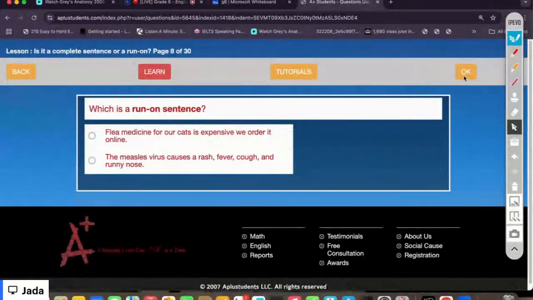So, which is a run-on sentence here? So, the run-on sentence would be the first one.